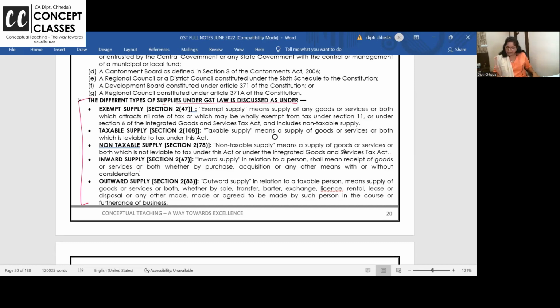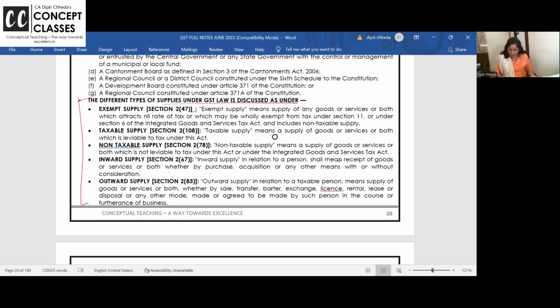Inward supply in relation to a person shall mean receipt of goods or services or both, whether by purchase or acquisition. When I purchase goods, it's inward supply. I can take input tax credit. Outward supply means supply of goods or services. When I am rendering a service or selling goods, it's outward.